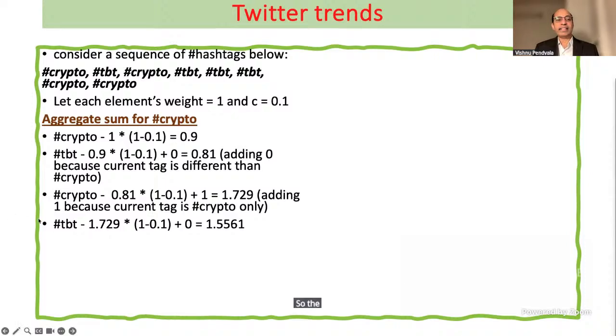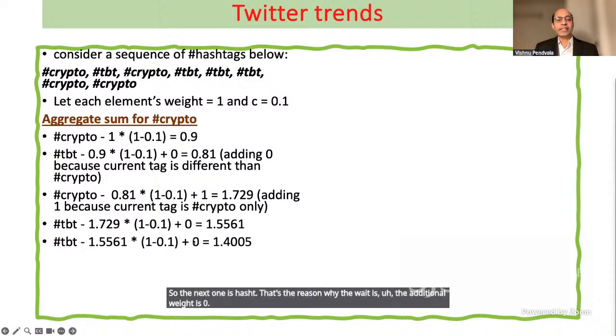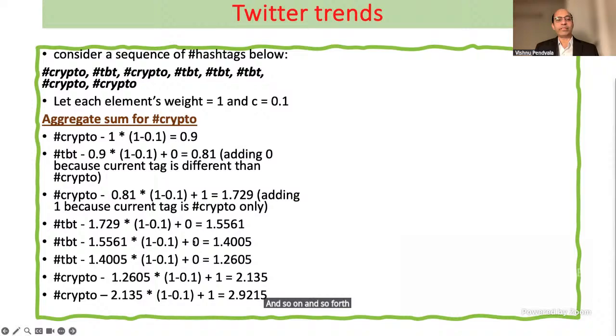The next one is hash TBT, so the additional weight is 0. And so on and so forth. We keep doing this, and we get the weight for crypto as 2.9215. By the way, you can guess which one is going to win, right? And see if that's how EDW matches with your intuition.